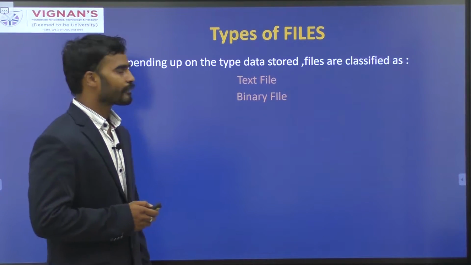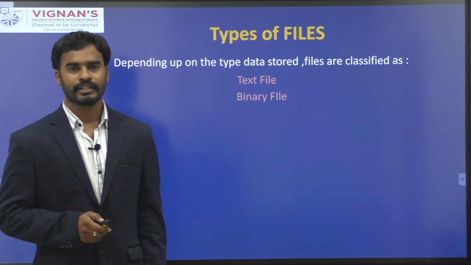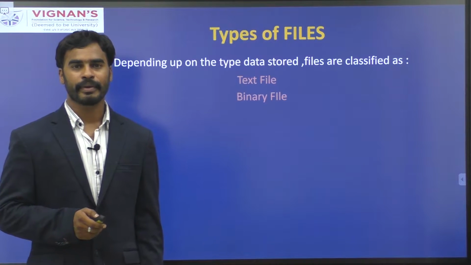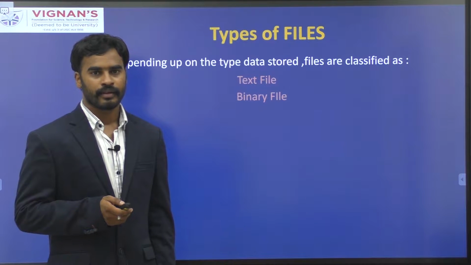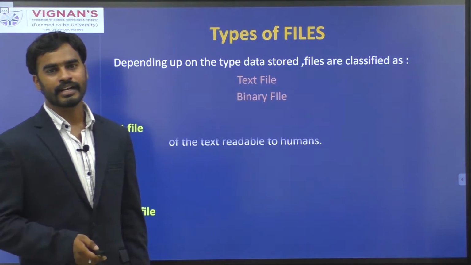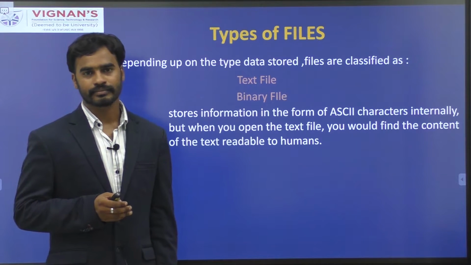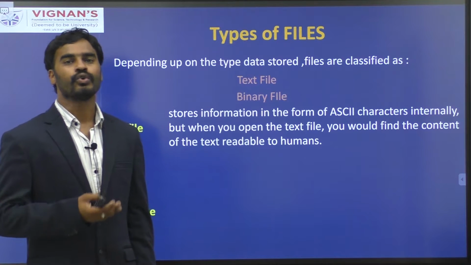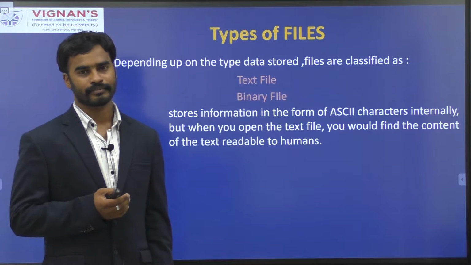Next we will see different types of files. The files are categorized into two categories based on how the data is stored in the file. They are called text files and binary files. In text files, the data is stored in ASCII characters, and we humans can open the file and read its contents.